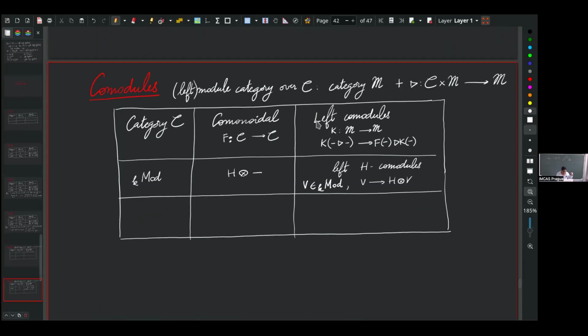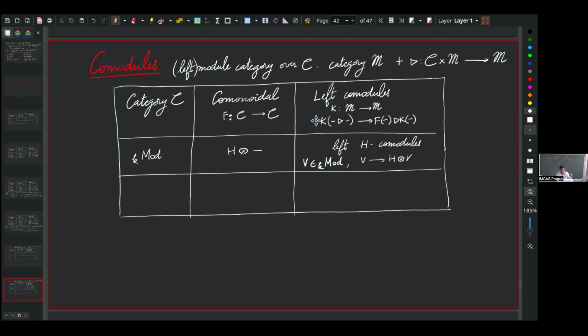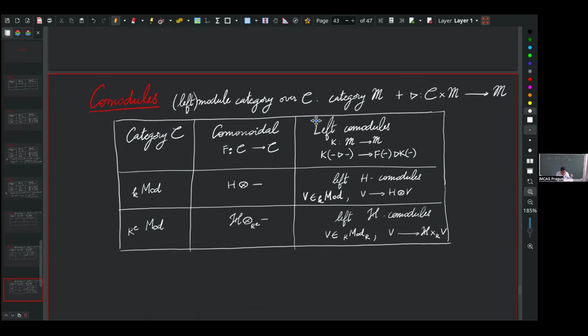In the classical setting, we recover the usual definition of a comodule. And in the algebroid setting, we define comodules using the Takeuchi product, which is expected. And now once again, I will explain how a bimonad structure on the comonoidal functor will result in an additional structure on the category of all comodules.